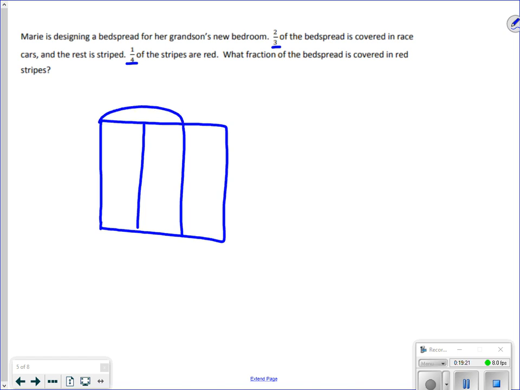So this right here is race cars. I'm labeling my model. Sometimes I label my bar model. I'm taking my problem step by step, taking the information that it's giving me, because sometimes I have to do that with a word problem.